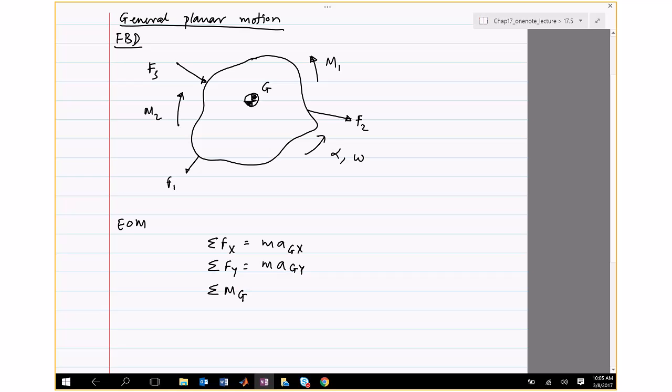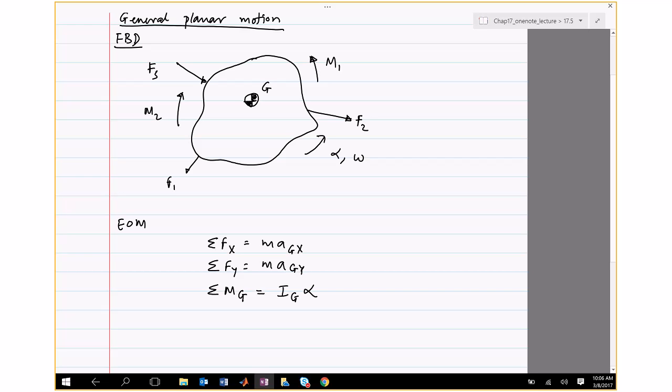A special case is when you take the moments about the center of mass, in which case this would be Ig, which is the inertia about G, along the axis of rotation. In this case, the axis of rotation goes through the plane of the paper. They come outwards, right? Because the body spins in the plane. So the axis would be given by your thumb if you curl your fingers along alpha or omega.